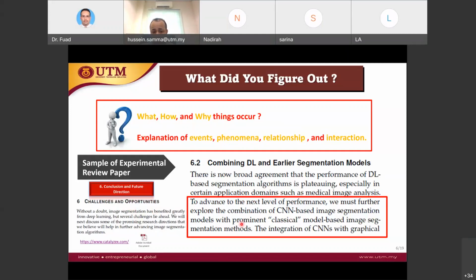So here, if we look at what the author of this paper is saying, he's expecting that to advance to the next level of performance, we must do some kind of integration between deep learning models and the classical models, but it's just the opinion of the author.